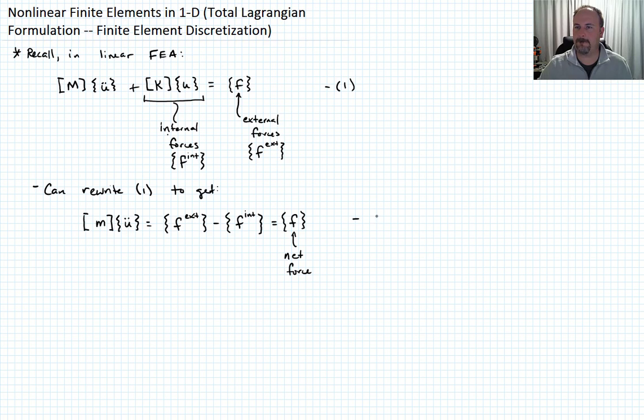Okay, why do I do that? Because this is the form that we're going to arrive at when we do the finite element discretization without making our assumptions of linear elastic behavior or linear behavior in general.